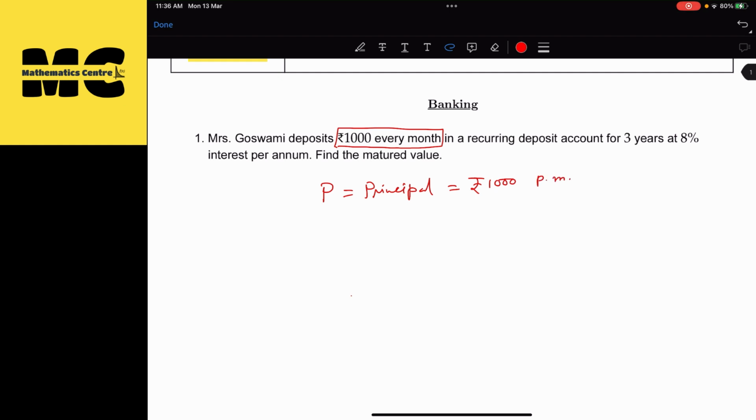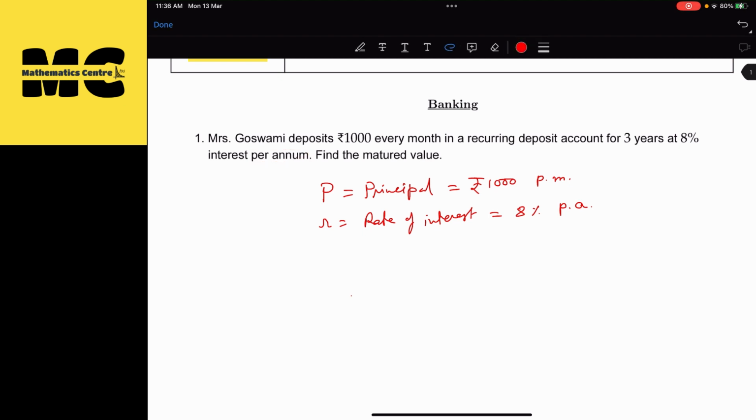Clear? Then we have to write the rate of interest, R equals the rate of interest. Now what is the rate of interest? Rate of interest is 8% per annum. What is the meaning of per annum? Per annum means per year.